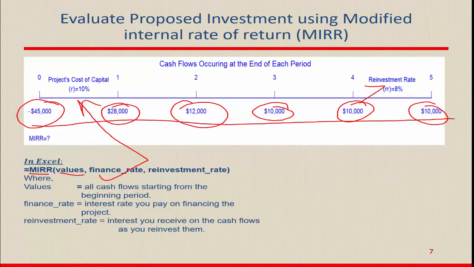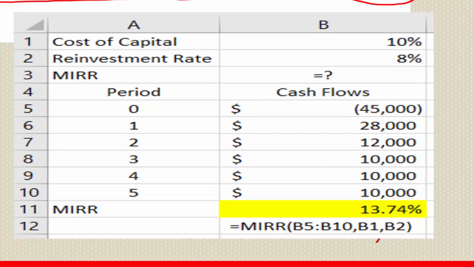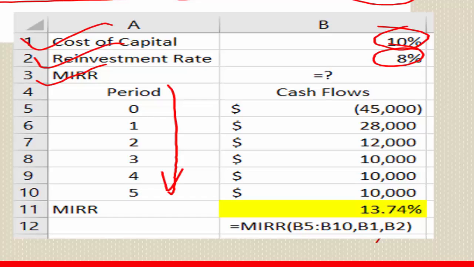So in Excel, as usual, I put the cost of capital on the top, 10%, reinvestment rate 8%, and we are supposed to find MIRR, with periods in column A and all cash flows in column B.